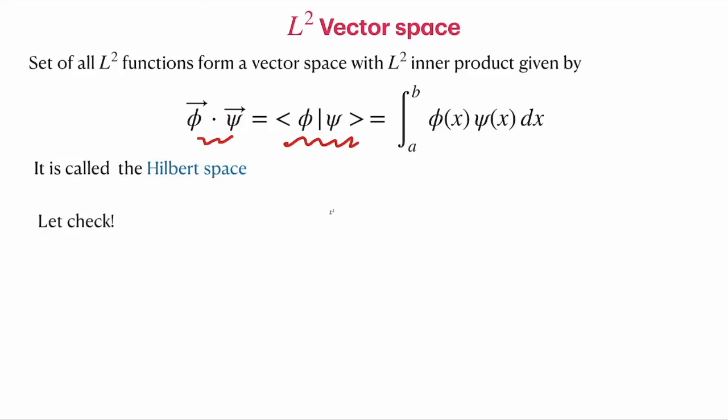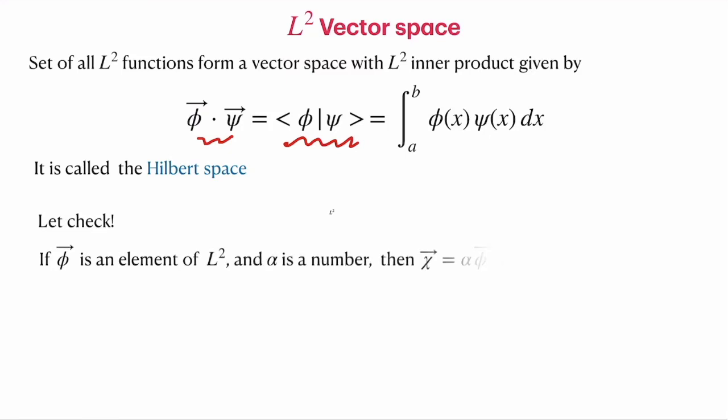So we have to check this out, and let's start with our basic two operations. One is multiplication by a scalar, and the other is addition of two vectors also leading to a vector, that is, they are closed under multiplication by a scalar and closed under addition.